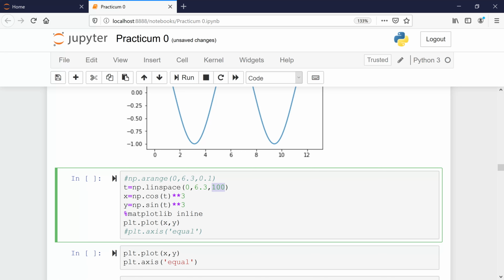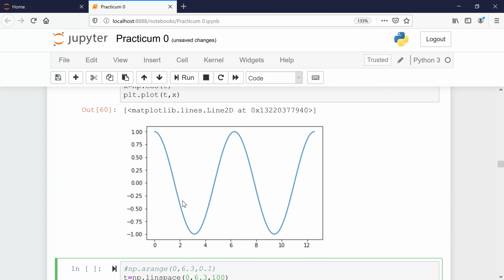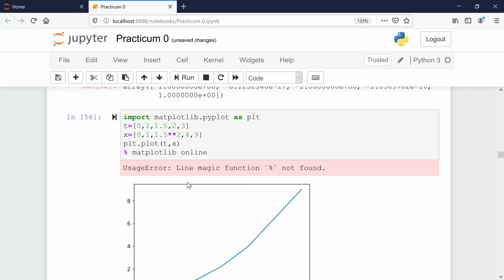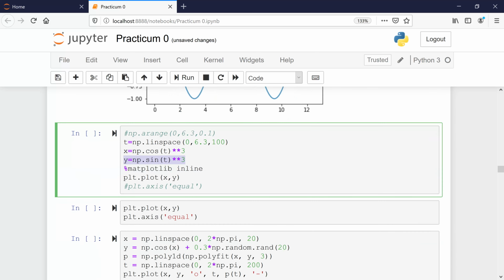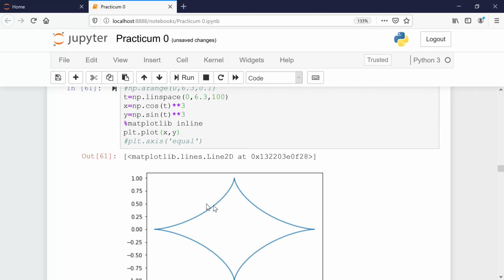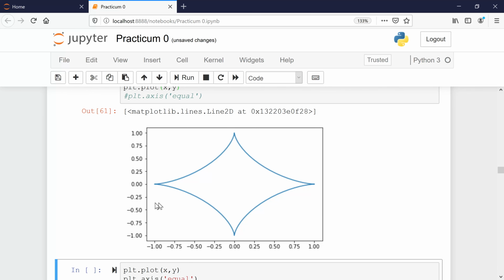Then I took the vector cosine cube, the vector sine cube. It should be inline, not online. So here I'm plotting x against y. It's a parametric curve, and this should give you this loop.